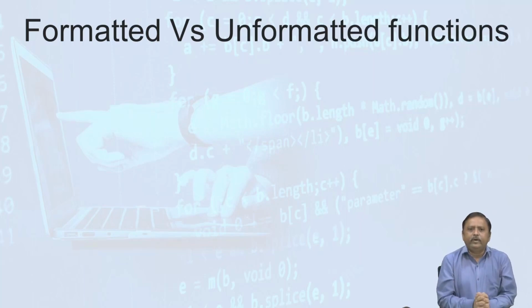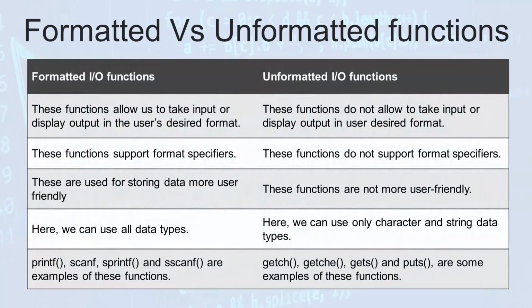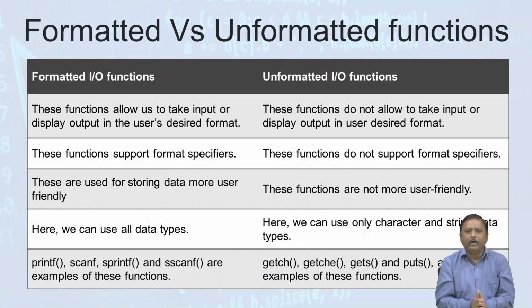So let us try to understand formatted versus unformatted functions. On screen you can see the difference between two types of function. In case of formatted input output functions, they allow us to take input or display output in the user's desired format, while unformatted IO functions do not allow to take input or display output in user desired format. Similarly, formatted function supports format specifier, while unformatted function do not support format specifier.